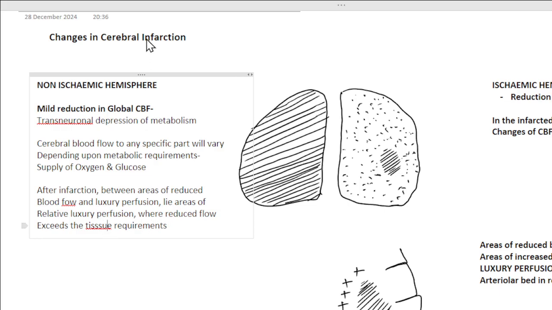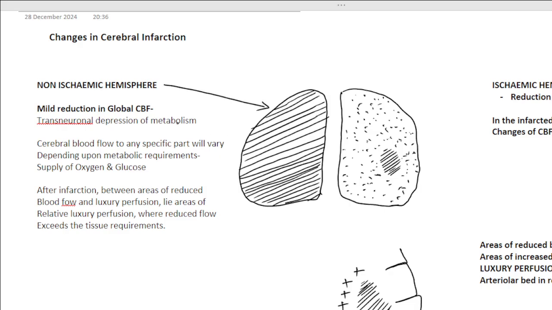I hope you are understanding all this. Okay. So basically that is the uncoupling of metabolism and blood flow. That is what is happening here. Now, this is what I wanted to say for the non-hemispheric hemisphere.